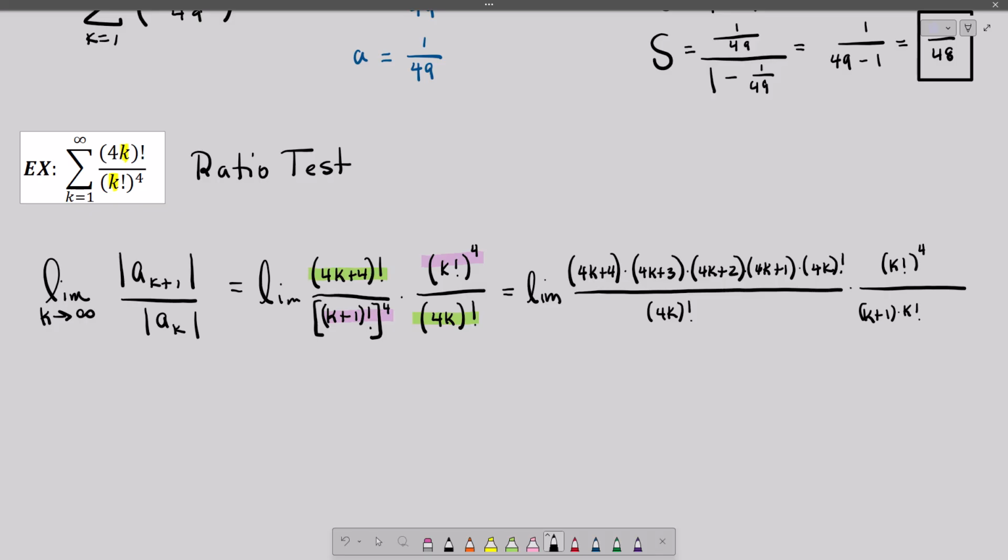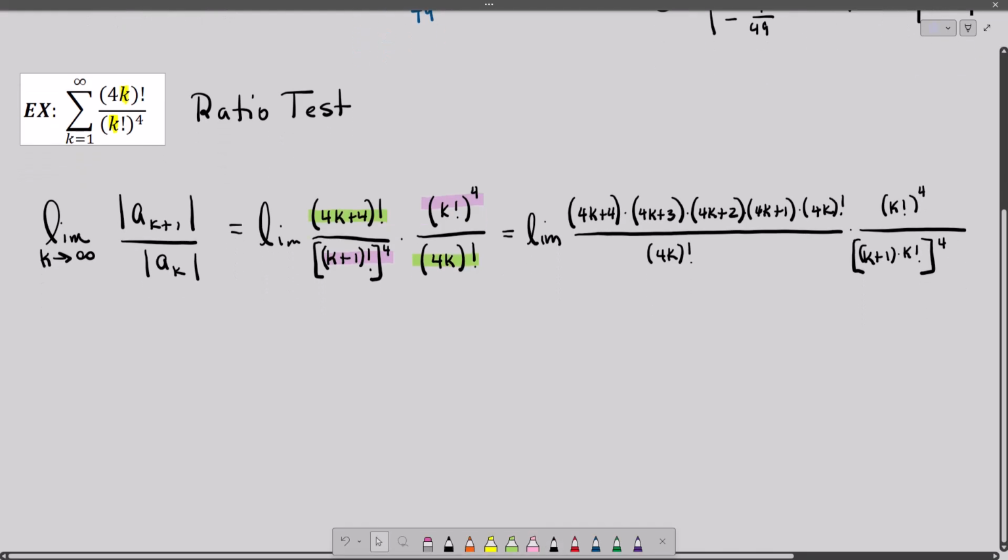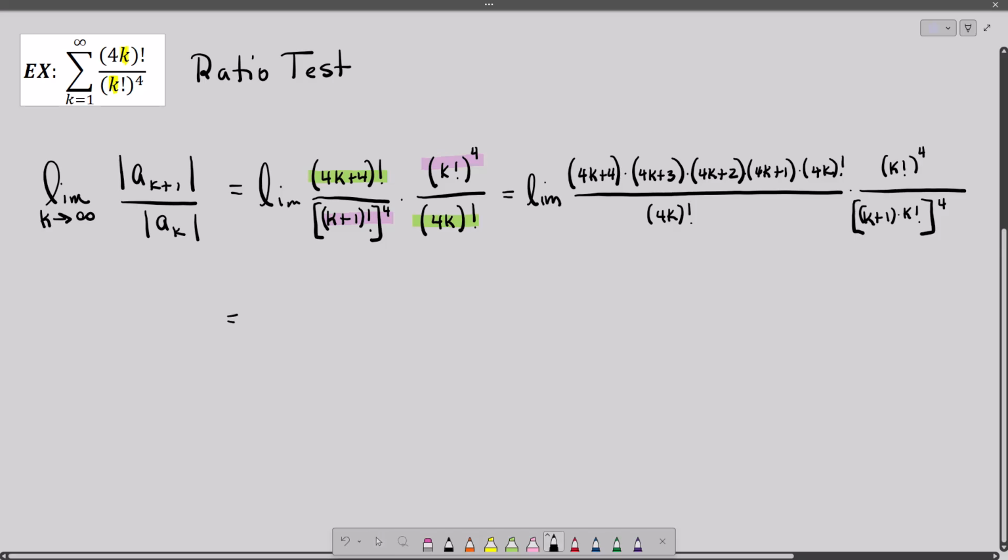So the k plus 1 factorial can be broken apart into k plus 1. You subtract 1 from k plus 1 and you get k, and you can put the factorial there. So now all of that is raised to the 4th power, and we distribute that power to each of those. We'll do it in 2 steps just to make sure everyone's seeing it.